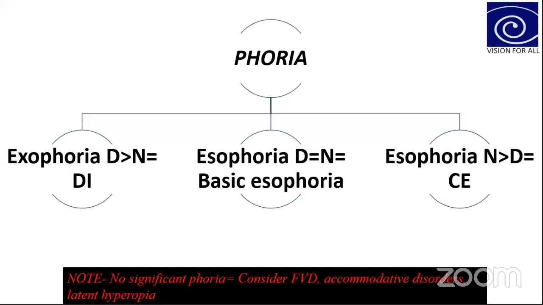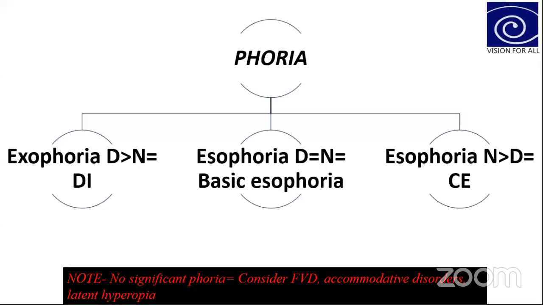If the vergence is fine, the accommodation may be having the problem. So accommodation plays a big role here, and we have to look at the accommodation parameters to see if they are okay or not. Also look for latent hypophoria.